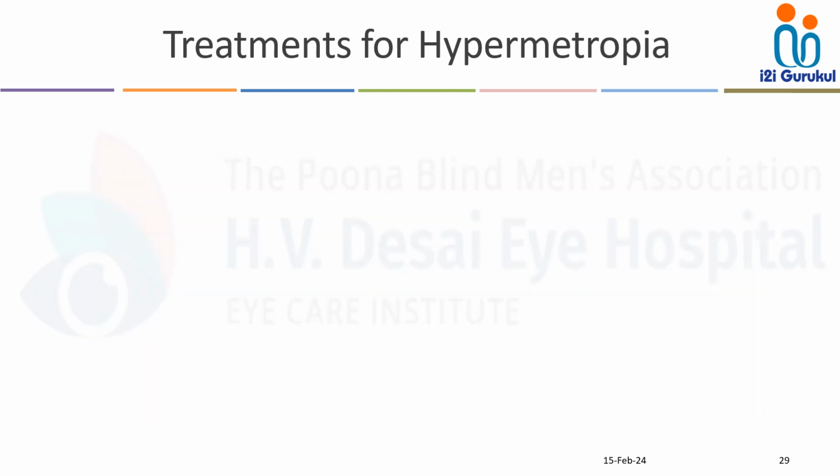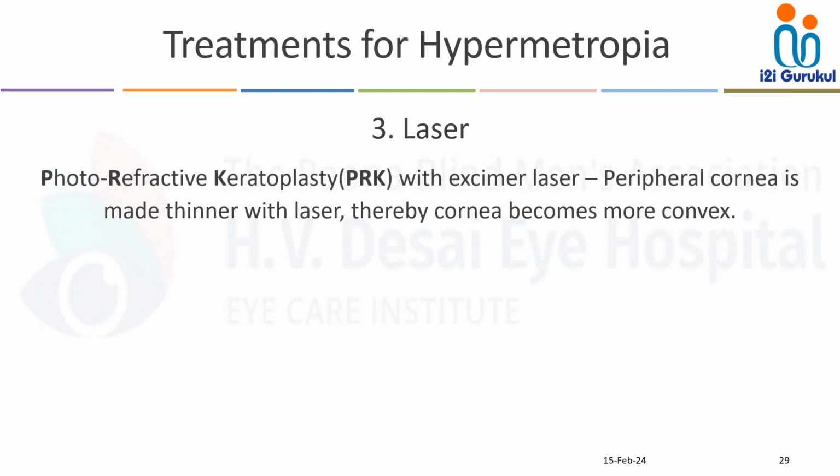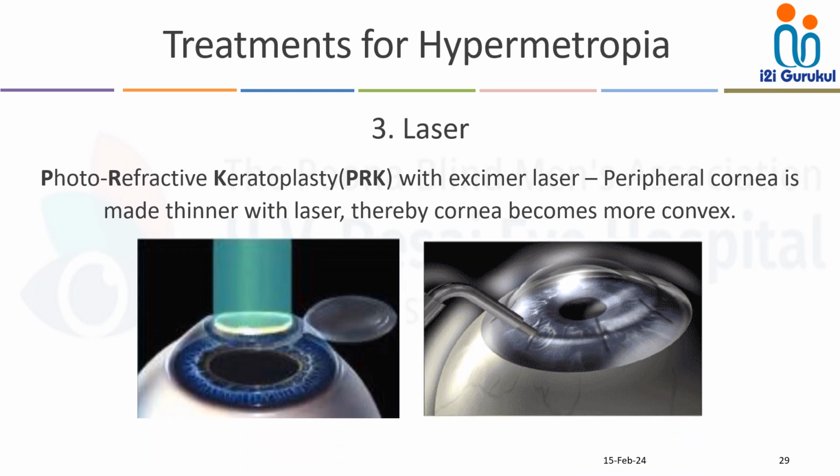Now the next advanced option, photorefractive keratectomy, that is the laser therapy with excimer laser. The peripheral cornea is made thinner with the laser, thereby the cornea becomes more convex. Okay, this is the procedure we do in LASIK or in laser treatment, which we give as a treatment option for hypermetropic patients.